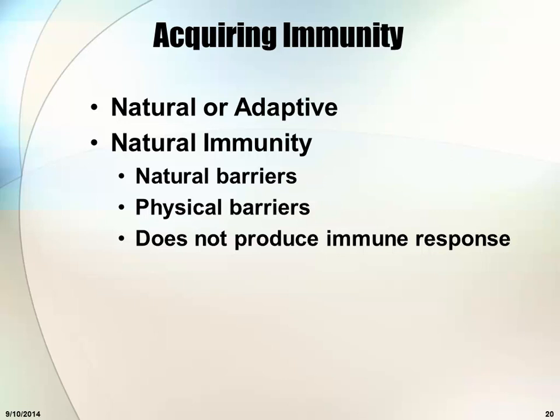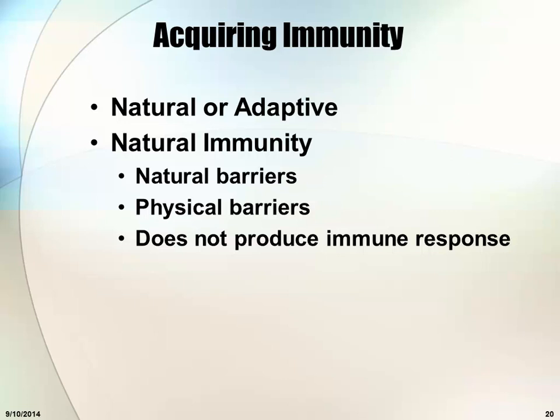This is where there are natural barriers to infections or foreign substances in our bodies. For example, a natural barrier that we would see is the cilia in our nasal passages, how they bring the stuff up. Mucus is another one that brings the pathogens up. Earwax is another one. Things that we have naturally in our bodies that protect us.